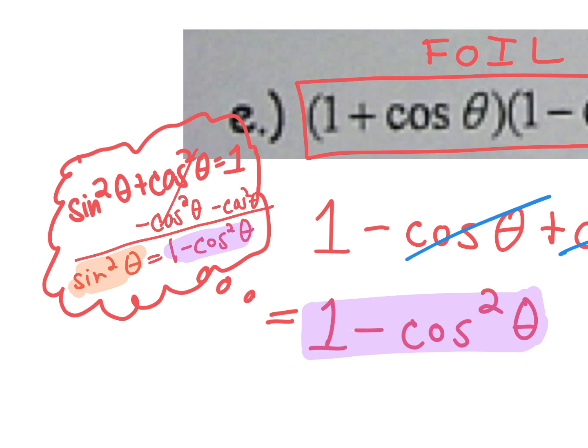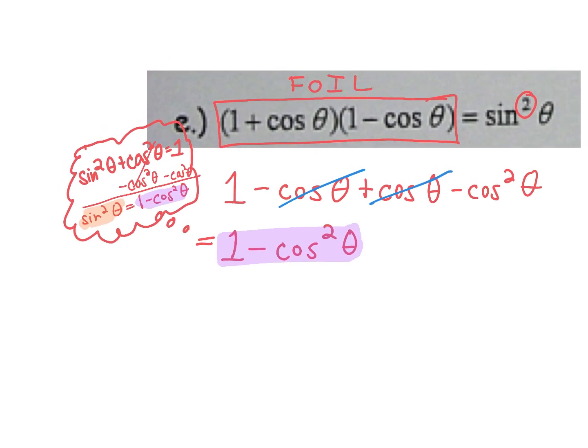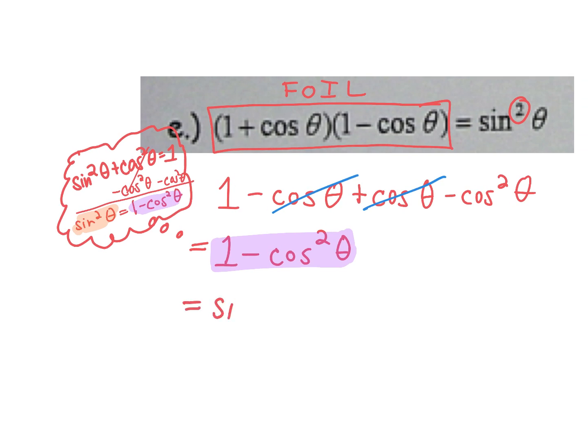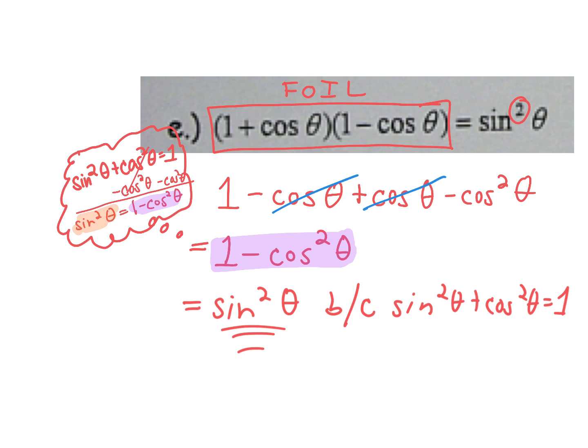So what I learned is that this is just equal to sine squared theta because, and I'll abbreviate because, sine squared theta plus cosine squared theta equals 1. So that's how you round these out. It is this because we have this glorious identity to help us out. So you just say it is because it is when you're done. Seems a little silly, but that's how that goes.